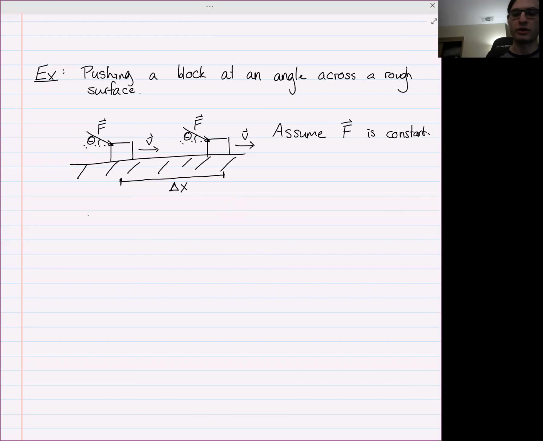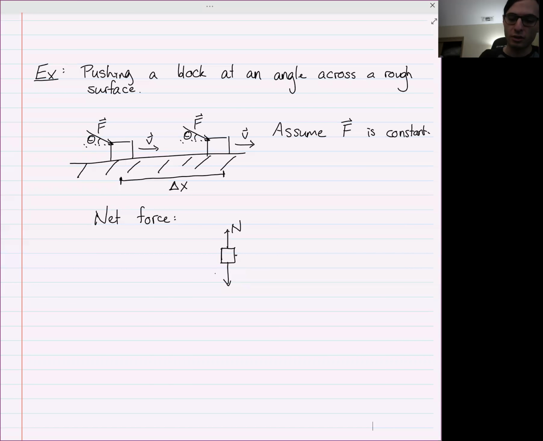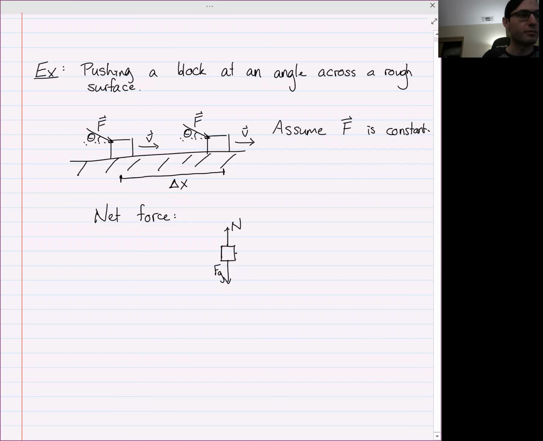So first, let's figure out the net force. To do that, we're going to draw a free body diagram like we usually do. So here's our box. We have a force of gravity downwards, which has magnitude mg. We have a normal force upward, keeping the block from falling through the ground. We also have a force downward with some angle theta.